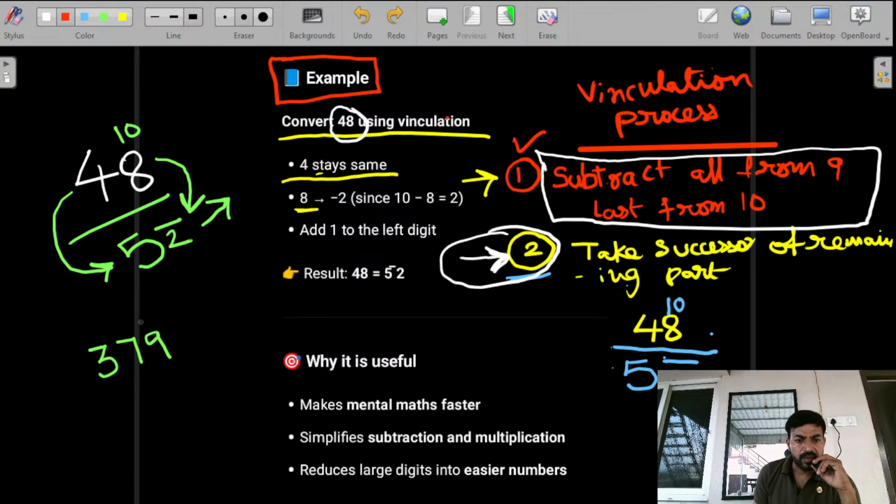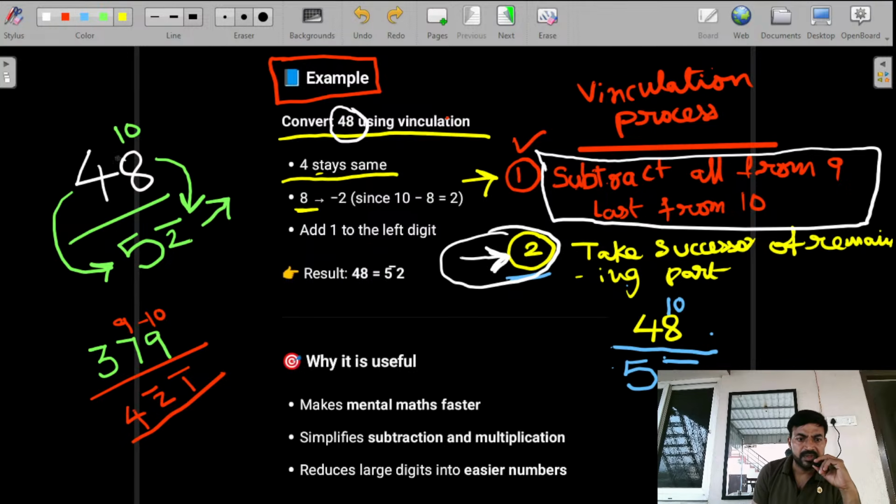So last from 10, remaining all from 9, last from 10. 9 minus 1, 10 minus 9 is bar 1, 9 minus 7 is bar 2, and 3 successor is 4. Second step also, you have to take successor of remaining part. So 4 bar 2 bar 1 is the vinculated form of 379.